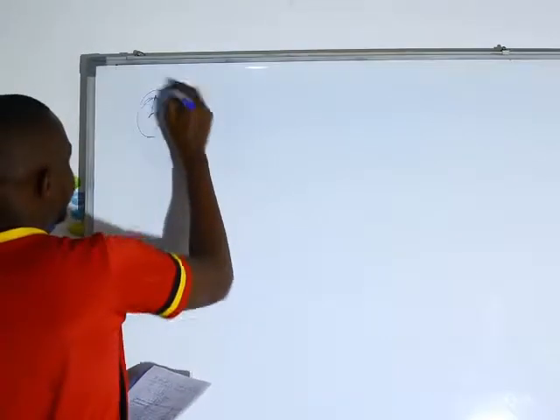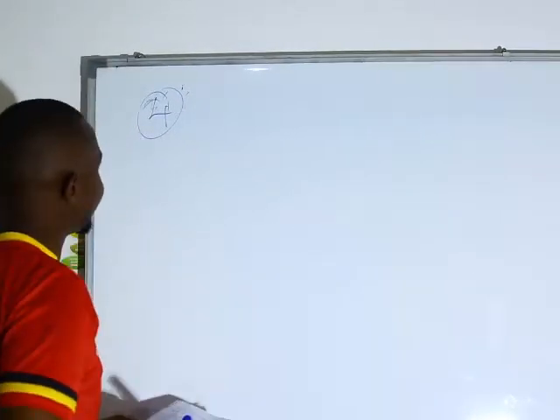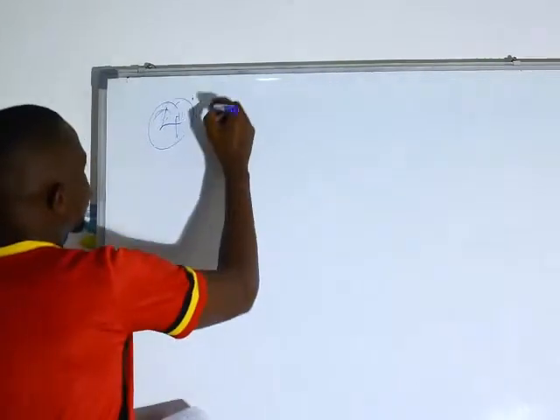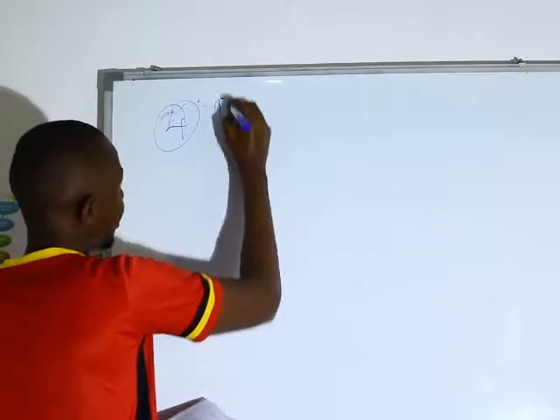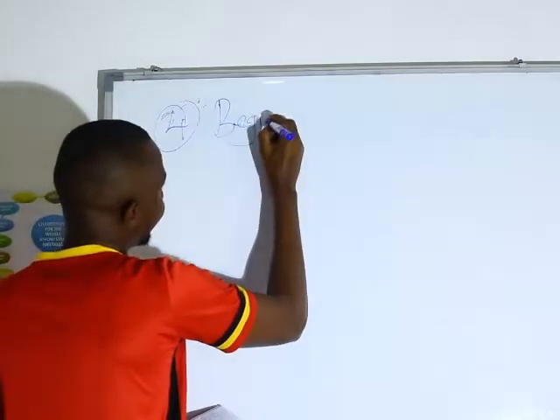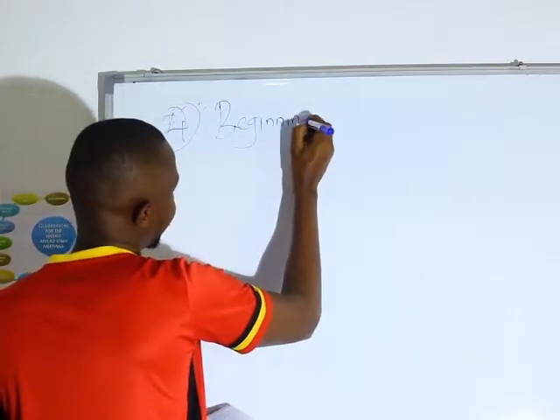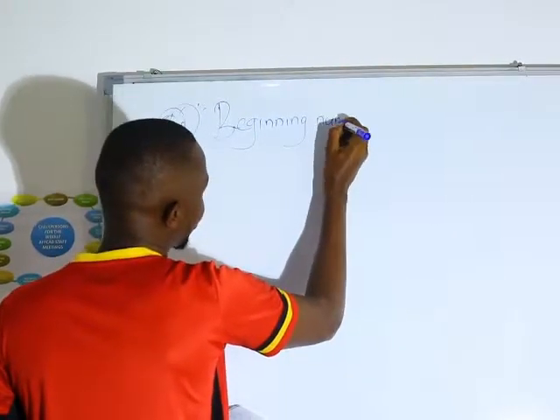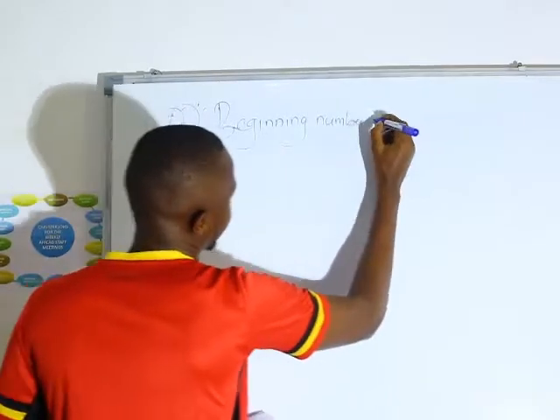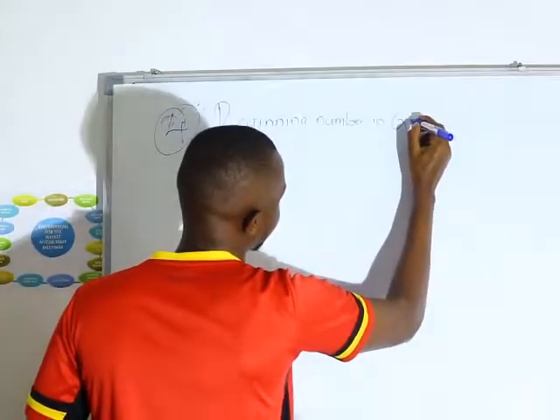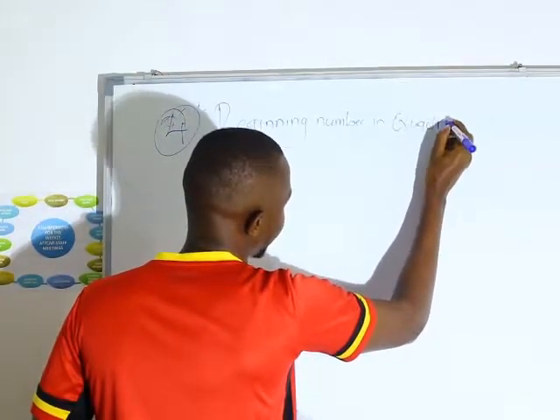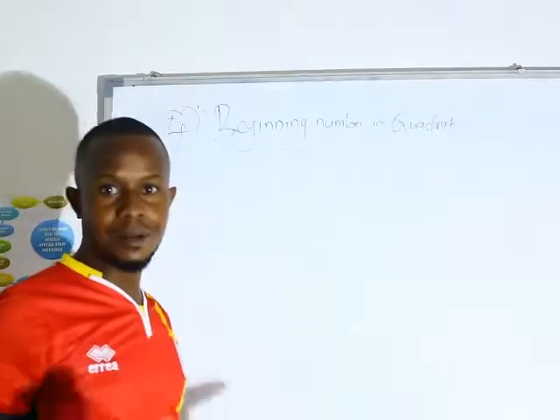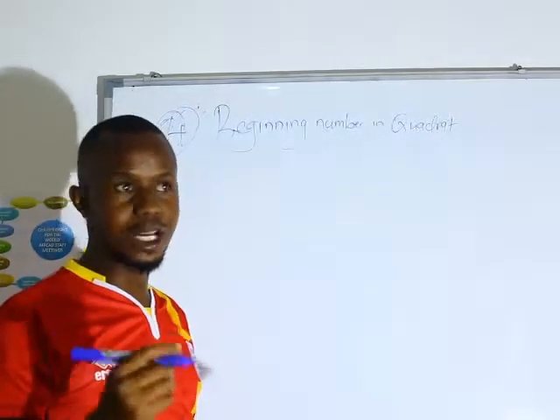Our fourth term is called beginning number. Any number that begins a quadrat is called a beginning number.